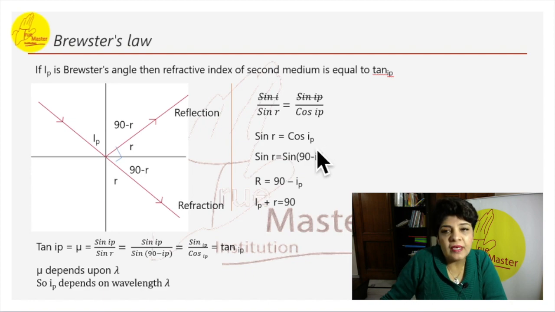Cos IP can be written as sin (90 minus IP). So here R is 90 minus IP. It means that IP plus R will be 90 degrees. And mu is equal to sin IP by sin R, which is sin IP by sin (90 minus IP), equal to sin IP by cos IP, which is tan IP. Here mu depends upon lambda. So IP depends upon wavelength lambda.